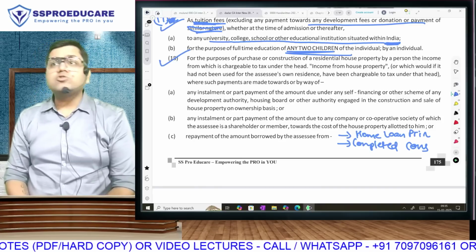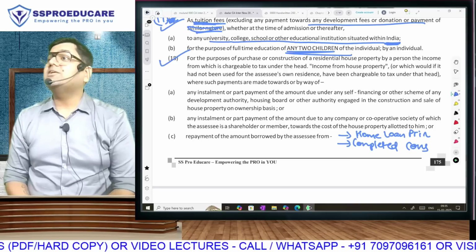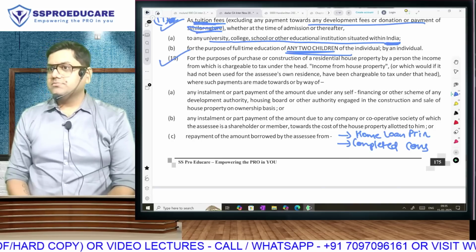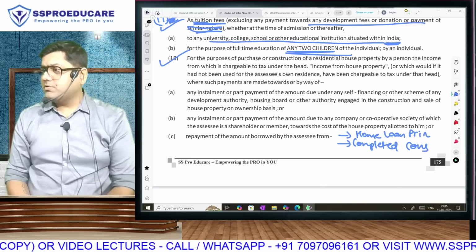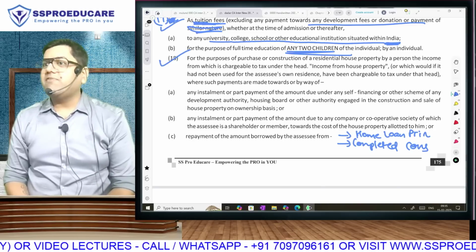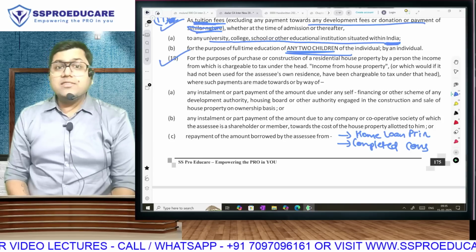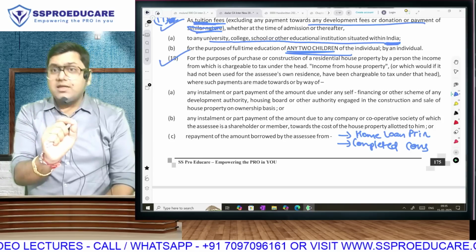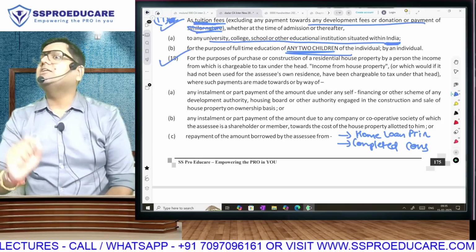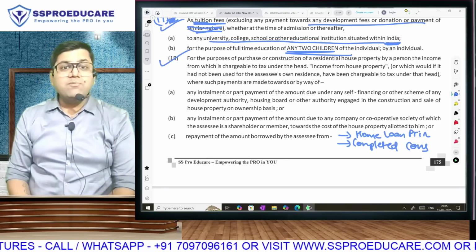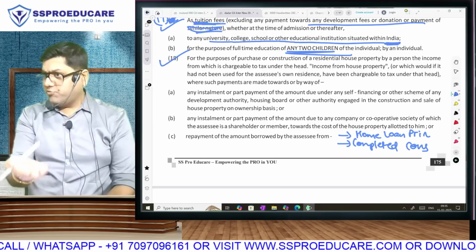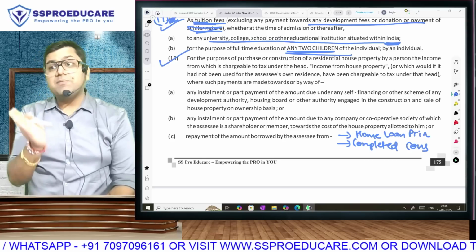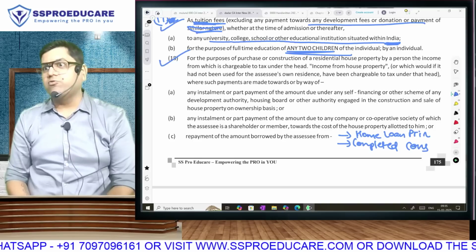Because of which, if you see these days, a lot of developers announce their projects, no? They take part payment, like 5% payment from you. And the rest is bank finance. And in their advertisement, they clearly write that there won't be any EMI till completion. Next time you see any developer's plan or newspaper advertisement for loans, these developers are so smart, they will arrange the loan for you too.